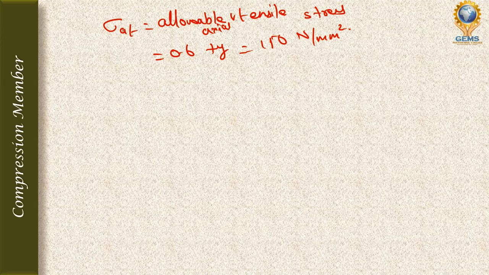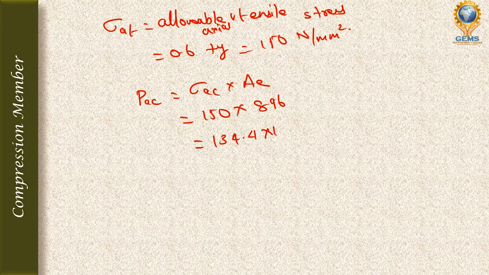So the load carrying capacity in compression, PAC, is equal to sigma AC into AE. So 150 into 896, that is equal to 134.4 into 10 to the power 3 Newton, or 134.4 kilo Newton. So this is the load carrying capacity of a strut in compression.